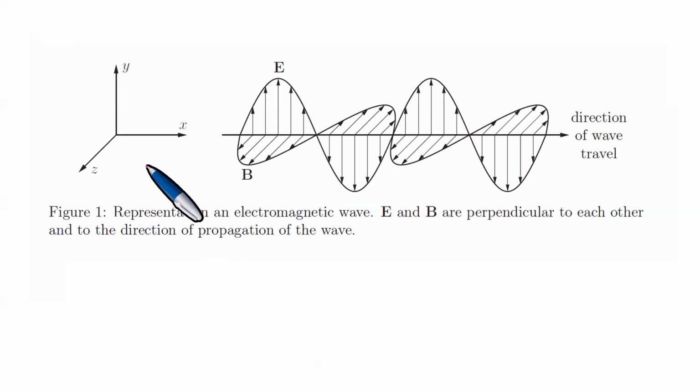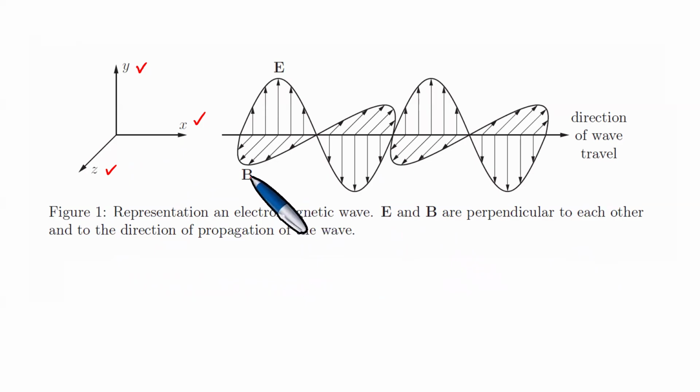A couple of things are very important. If you look at the y-axis, the x-axis together with the z-axis, this becomes what's called a three-dimensional space. In figure 1, we have a representation of an electromagnetic wave. E and B are perpendicular to each other and to the direction of propagation of the wave.